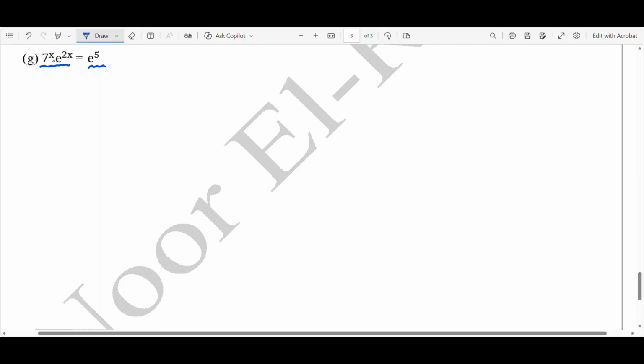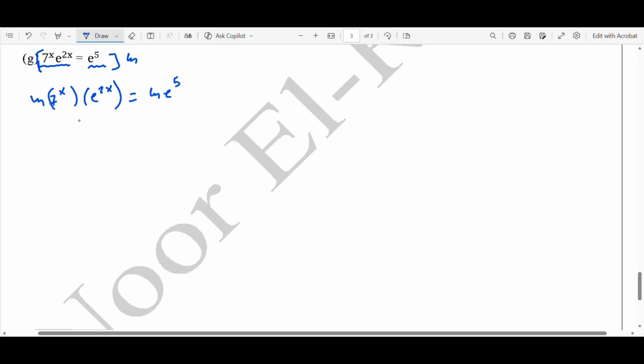I'm going to multiply by ln. So it will be ln(7^x · e^(2x)) = ln(e^5).